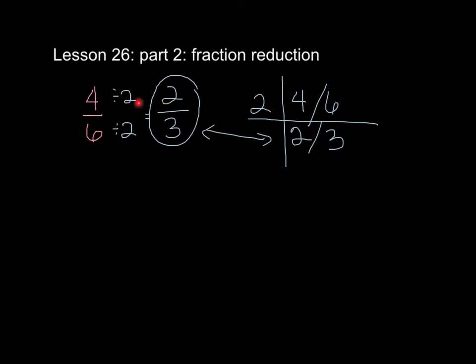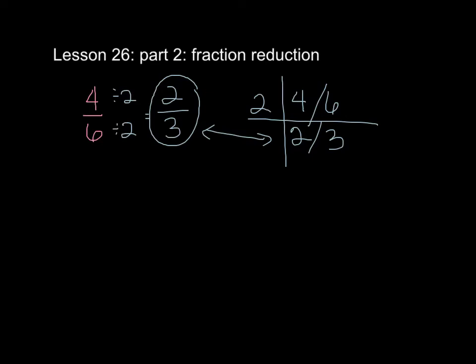So you're basically doing the same thing here as you are here. You're dividing by 2. So you can use the ladder to reduce fractions if you want to. Just make sure that the top number, the numerator, is the first one, and the denominator, the bottom number, is the second one. So this is just another way to write the fractions with that tilted line there. And remember, a fraction is just basically a division problem anyway.